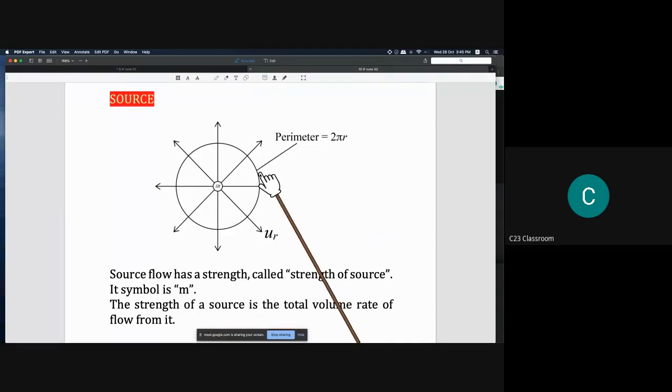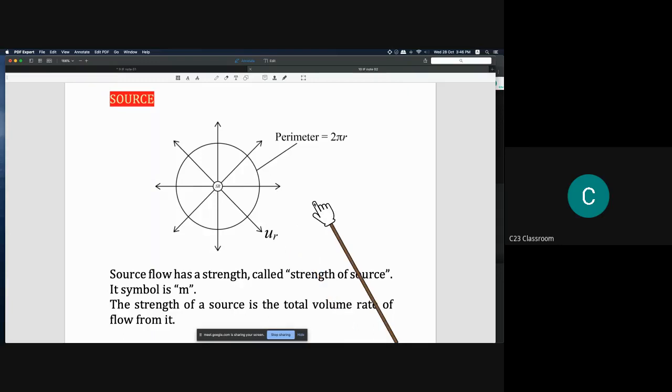Then we need to calculate the stream function for this one. The stream function actually reflects the flow rate. Because the flow is moving in the radial direction here, the cross-sectional area is the perimeter of the circle.